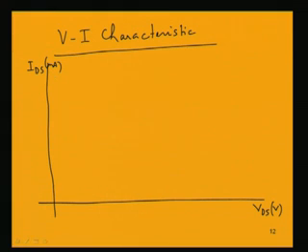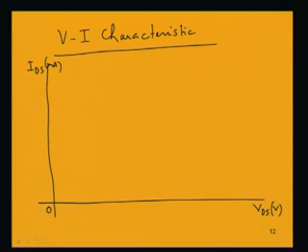Now, as we have seen, the value of VGS is important for initiating the current in the MOSFET device. If the VGS value is less than the threshold voltage for that particular MOSFET, then the current between the drain and the source will be 0.